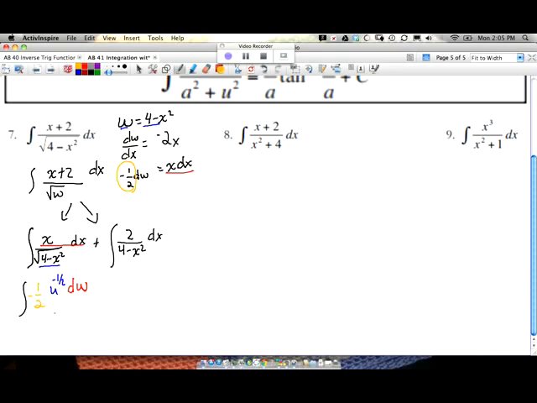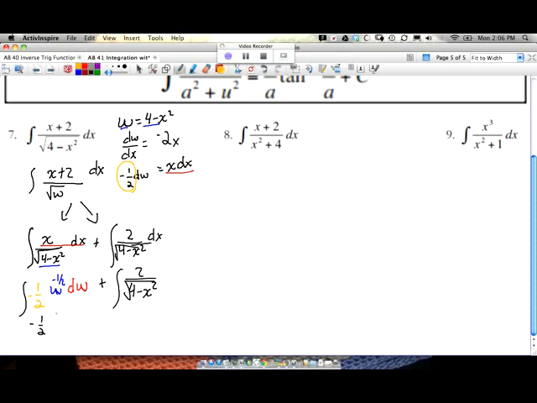Alright, and I haven't even dealt with the second half of this yet. I still got this whole other piece over here: 2 over the square root of 4 minus x squared. Should have written that in a radical there. Okay, so the antiderivative of the first part is going to be negative 1/2 times w to the negative 1/2 becomes w to the 1/2 over 1/2.